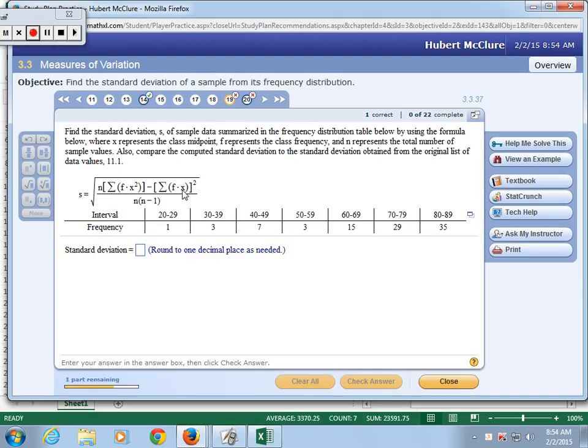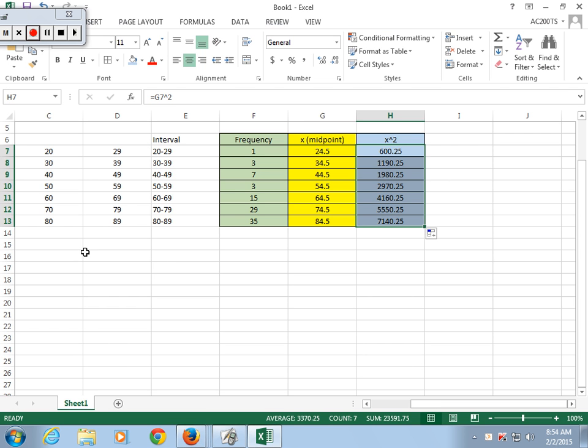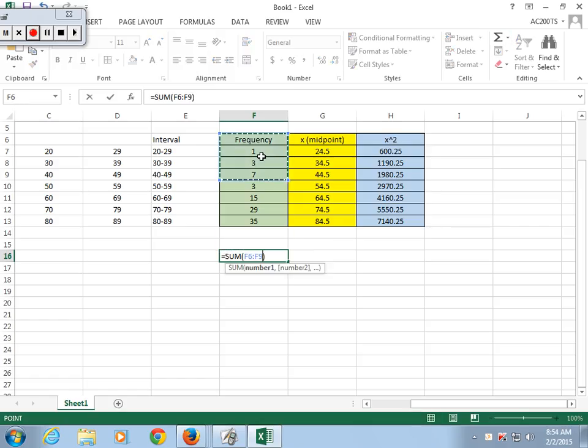And we got x, we got f times x squared, n. Well, what is n? Well, that's pretty simple. We'll put n right down here. There's n.